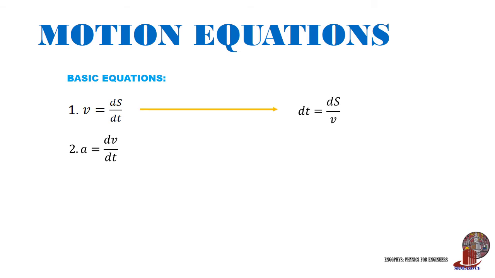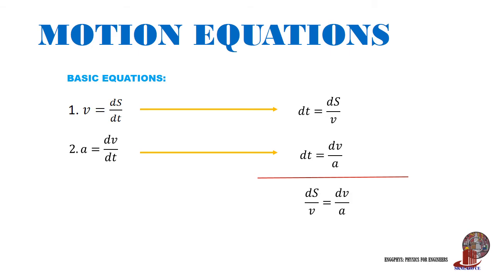That would turn out to be dt is equal to ds all over v, and doing the same with acceleration, which would turn out as dt is equal to dv all over a. Then, if we place both equations as equivalent, ds all over v is equal to dv all over a. And by cross-multiplying, the third basic equation is revealed.